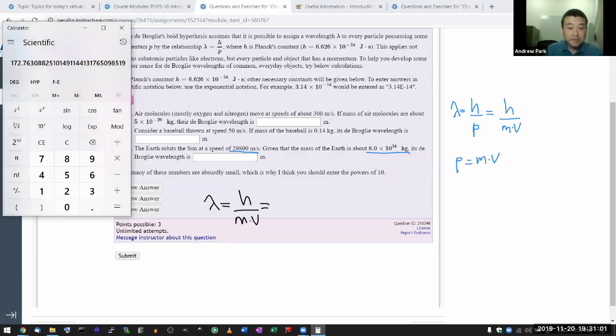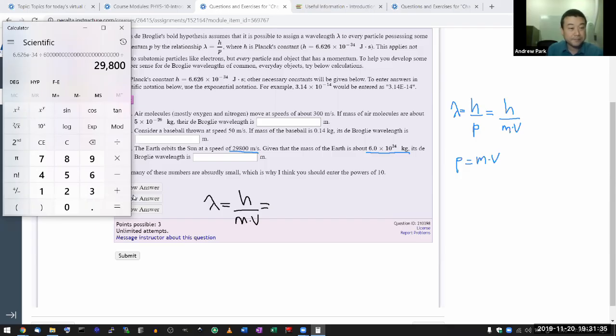I think I have all the numbers, so let me just plug in stuff. Calculator. So Planck's constant, that is 6.626 times 10 to the power of minus 34, divided by the mass of the Earth. It's very high, 6.0 times 10 to the power of 24 kilograms, divided once again by the speed of the Earth around the Sun, 29,800 meters per second.